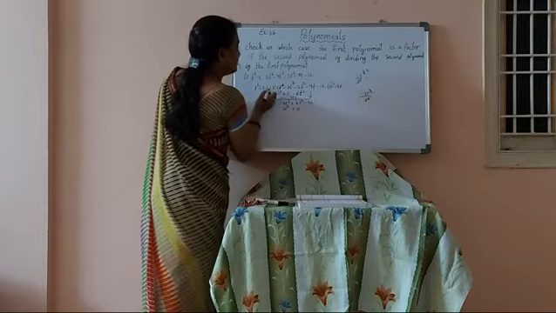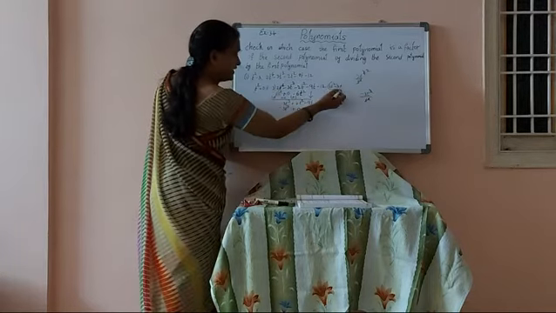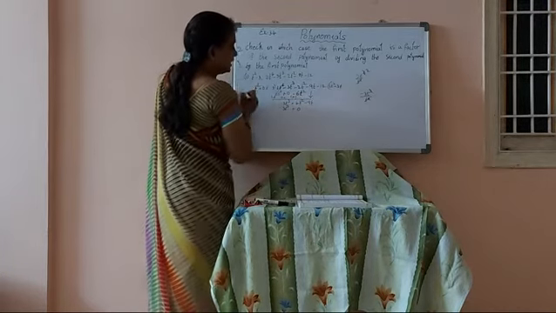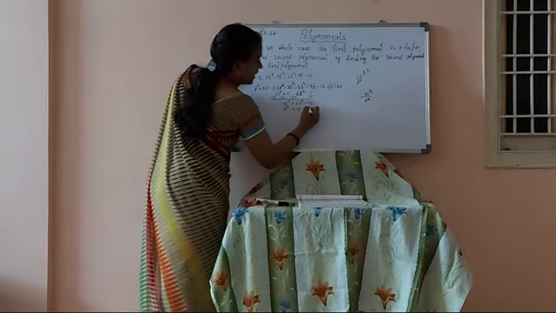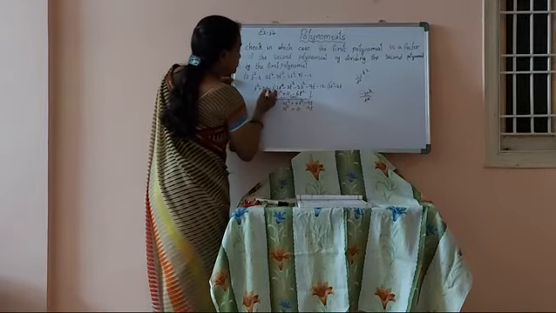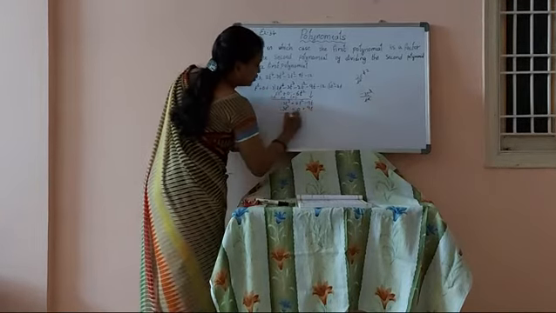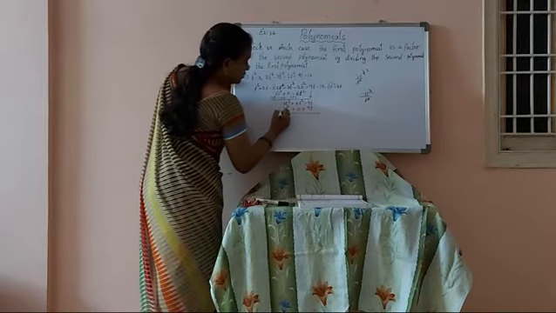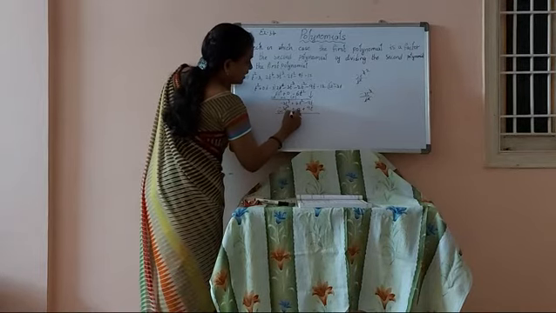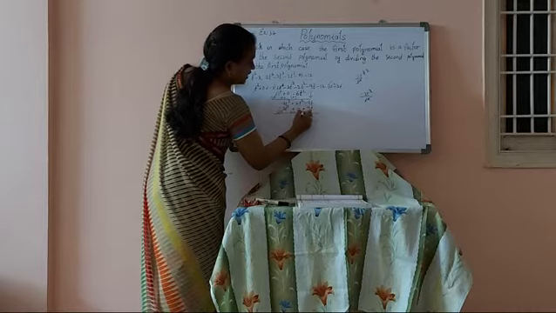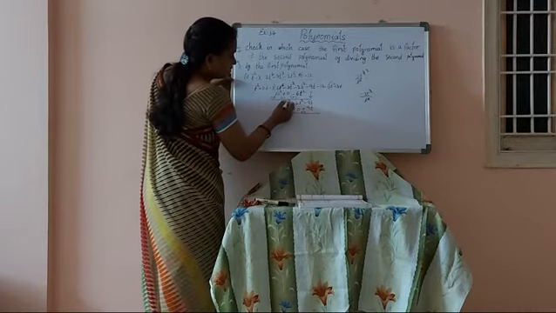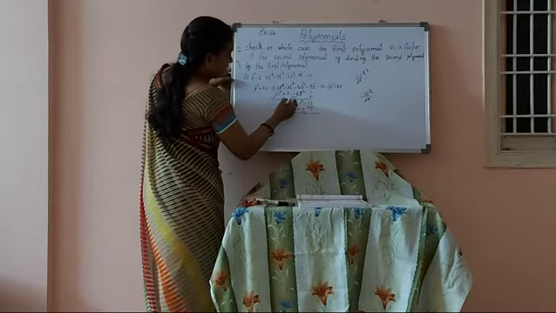Next minus 3t into minus 3: 3 threes are 9, minus into minus, plus, so plus 9t. Change the symbols: here minus so plus, here plus so minus. So this one gets cancelled.